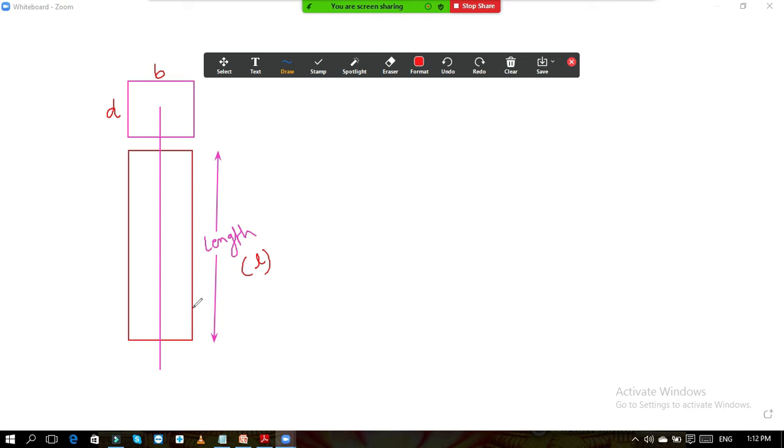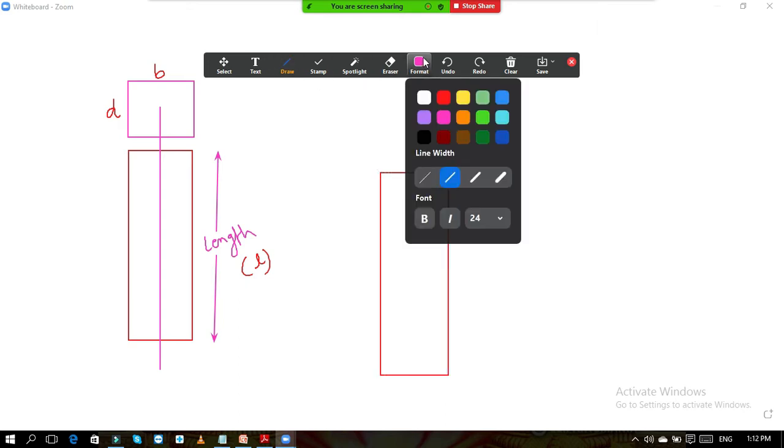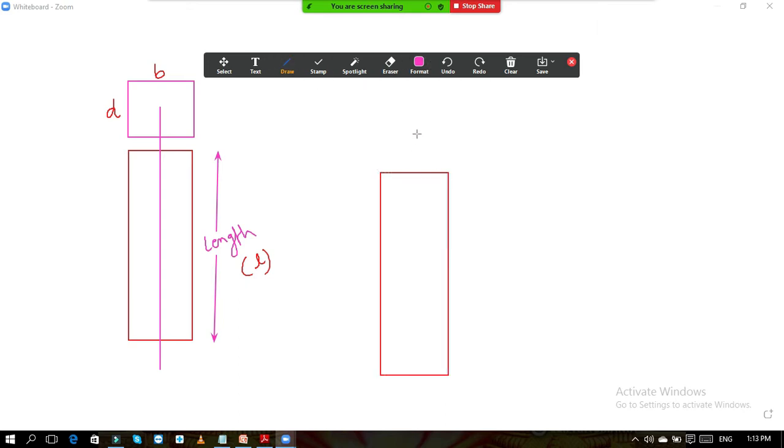So now normally the columns are loaded, but sometimes the column is not perfectly loaded. Suppose this is the column, and this is the axis of the column.